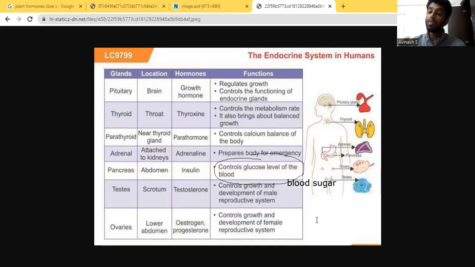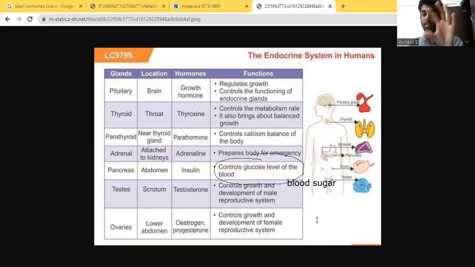Since food travels through our blood, let us first understand what this means. We all know the food that we eat will travel till the small intestine. The small intestine has a lot of finger-like projections called villi, which will absorb this food and take it to all parts of the body. During this, the carbohydrates will be converted to glucose, and that glucose is what we are talking about.